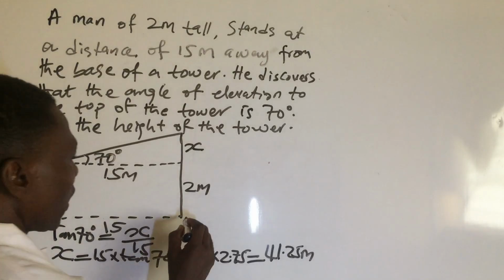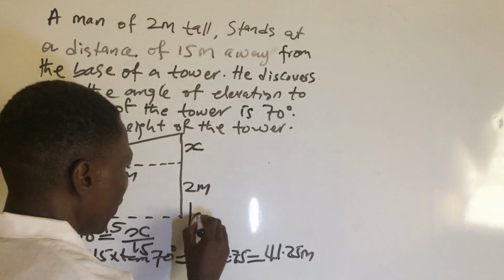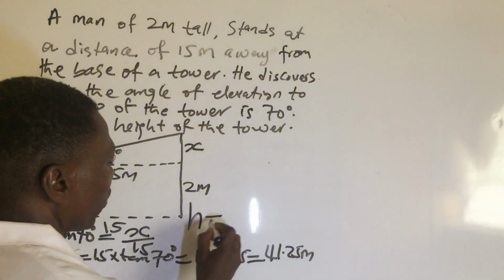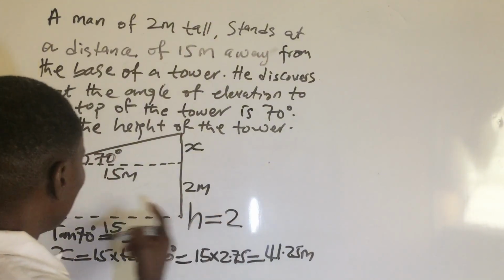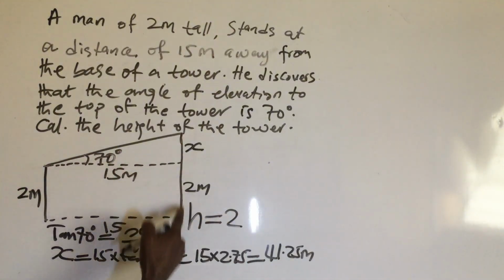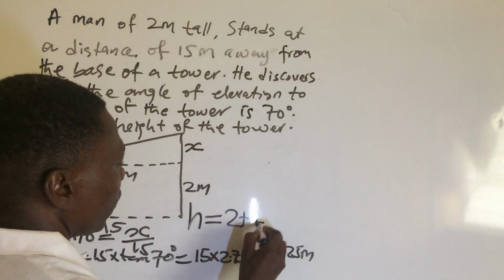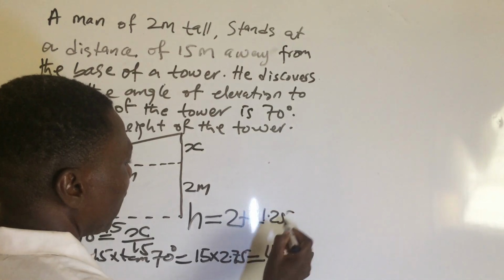Let the height of the tower be h. Let us represent the height of the tower to be h. And the height of the tower will now become these 2 meters, which we have taken away from the height of the man, okay? Plus x, which we calculated to be 41.25.